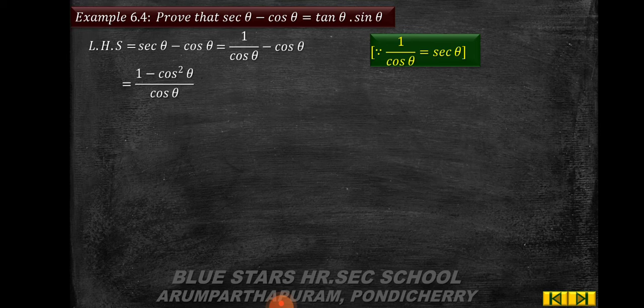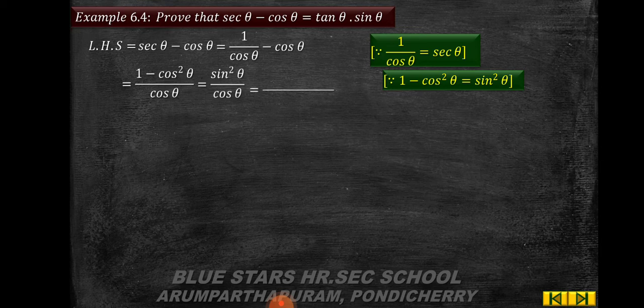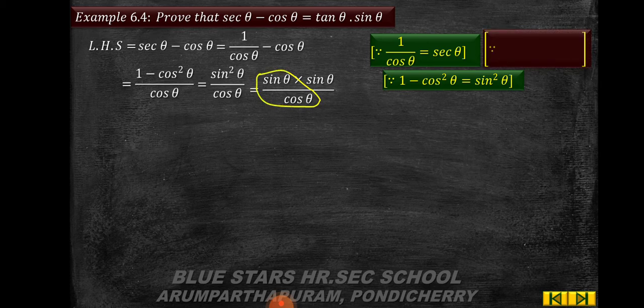So we know the trigonometric identity: 1 minus cos square theta is equal to sin square theta, which gives sin square theta by cos theta. We can split sin square theta as sin theta into sin theta by cos theta. Now sin theta divided by cos theta is nothing but tan theta.